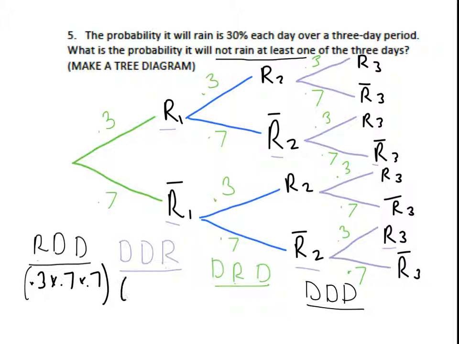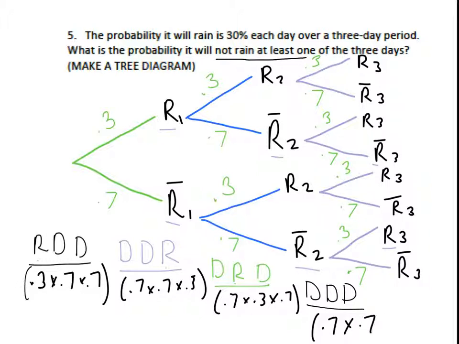Then the same thing here. We have 0.7 times 0.7 times 0.3. And then we have 0.7 times 0.3 times 0.7. And then we have 0.7 times 0.7 times 0.7. So go ahead and figure out what those are.